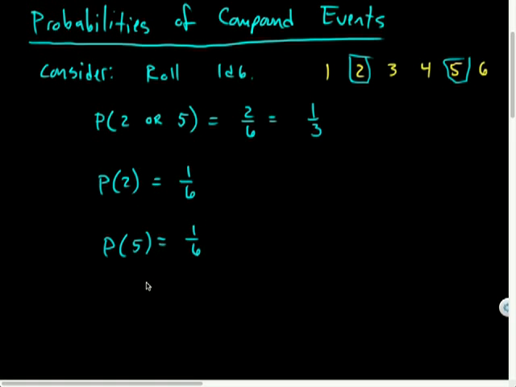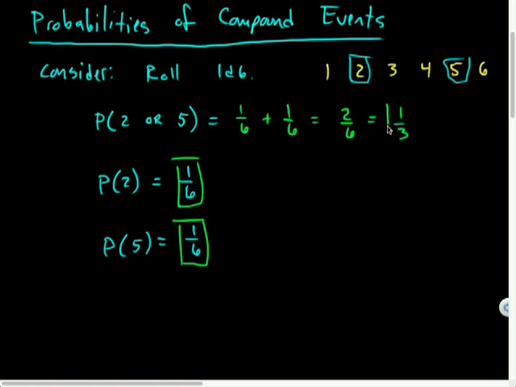So I want to point out that the probability of 2 or 5 occurring, I could actually have thought of as the sum of these two probabilities. I could have said 1/6 plus 1/6 was equal to 2/6, or 1/3.